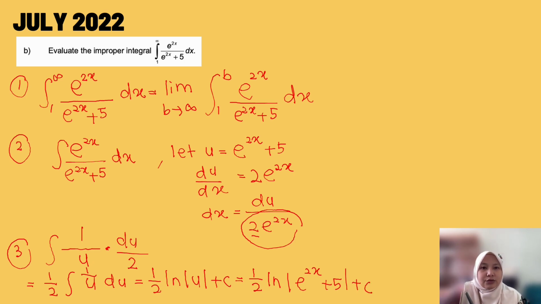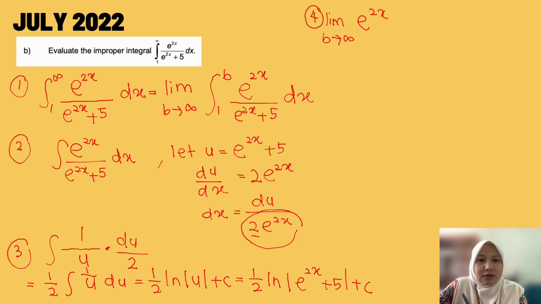Okay, so fourth step here, write back our limit of b approach to infinity exponent 2x over exponent 2x plus 5 dx equals to limit of b approach to infinity, we have our integral here from 1 until b.